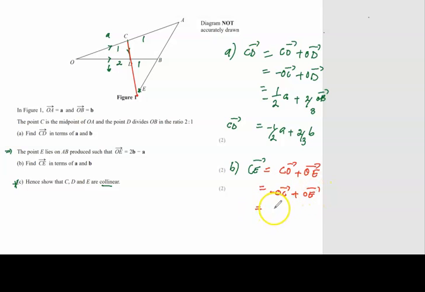And what is OC? OC is negative a half of A, plus OE, which is given as 2B minus A. So when you add the things here together, you have minus 3 over 2 of A plus 2B. And that's the vector CE.